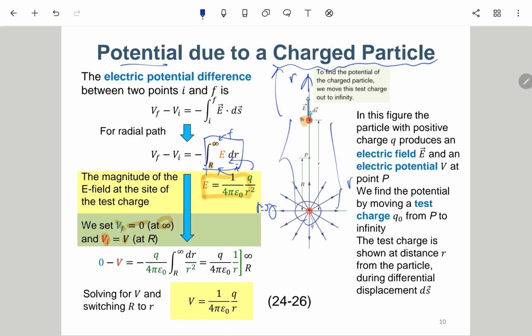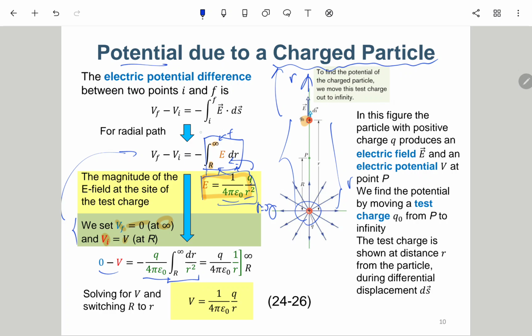Suppose we have these two assumptions, we can put them in here so that it becomes 0 minus V equals the integration. Then we plug in this E, where k and Q are constants, so we can put them outside, and r squared is related to the integration. So we have integration of dr over r squared.